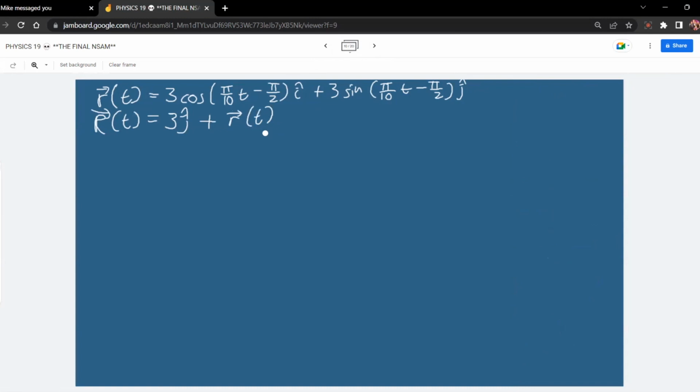Or if you plug it in, so pag simplify, that's going to be 3 cosine of pi t over 10, and then plus yung y component naman.